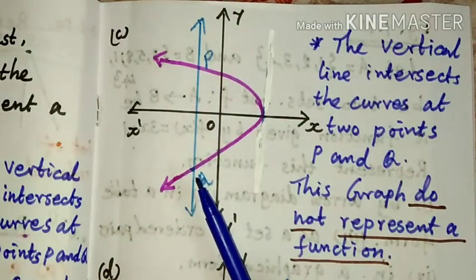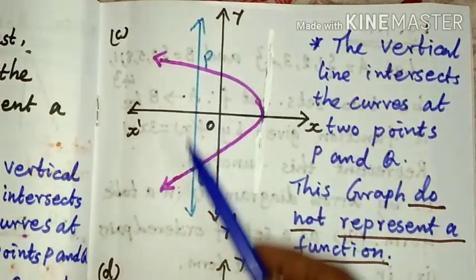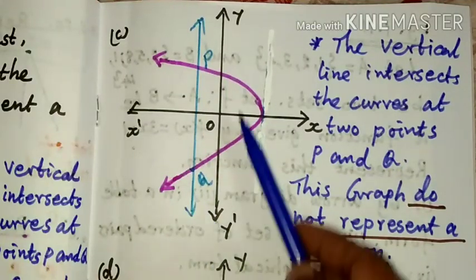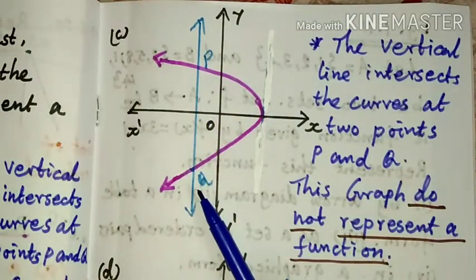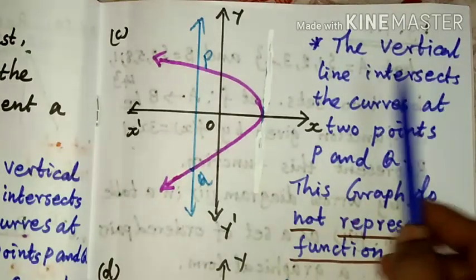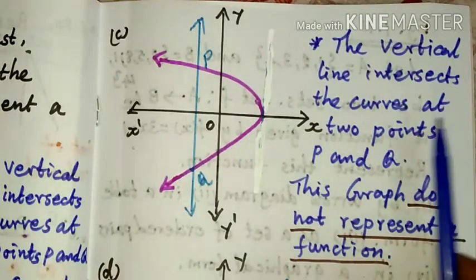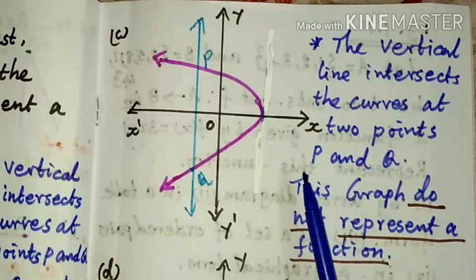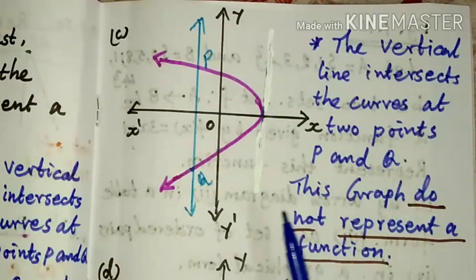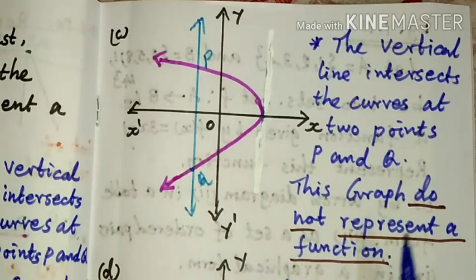By the definition, the vertical line intersects at most only 1 point. But here the line cuts the graph at 2 points. So, the vertical line intersects the curve at 2 points P and Q. Therefore, this graph does not represent a function. This is the answer for this question.